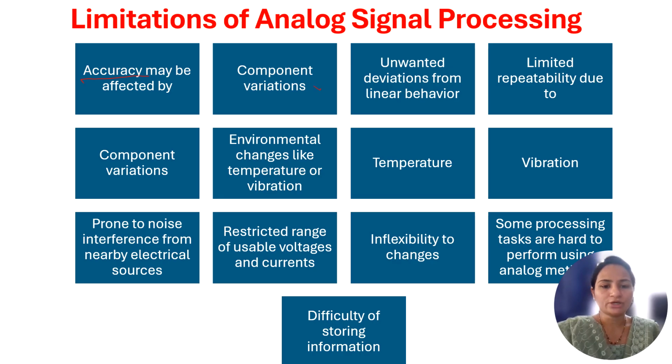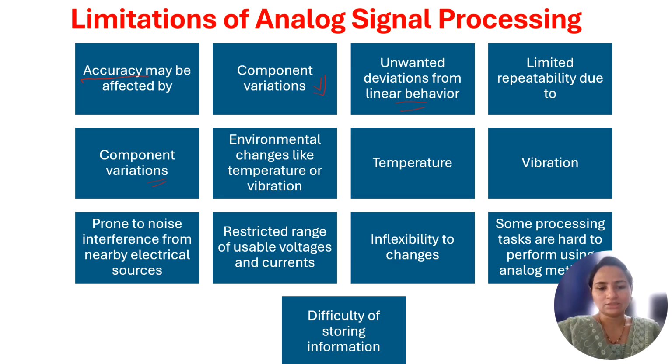Then we have component variations, as we have discussed, that is unwanted deviations from linear behaviors of resistors, capacitors, inductors. Because of non-linear behaviors, repeatability is limited due to component variation. Component variation is also one of the limitations of analog signal processing.